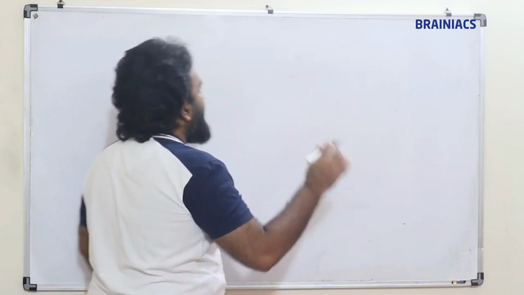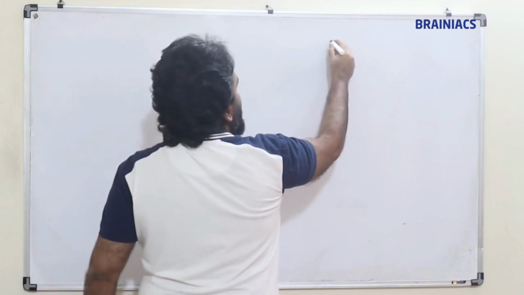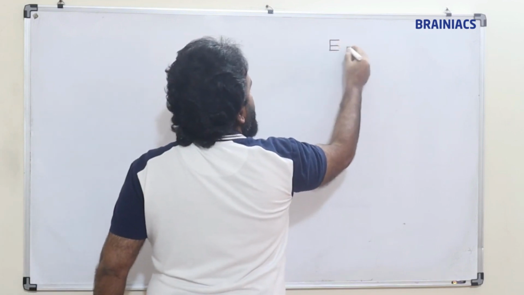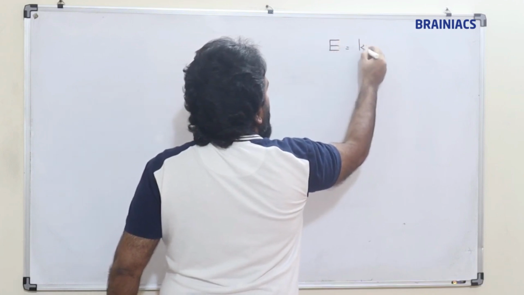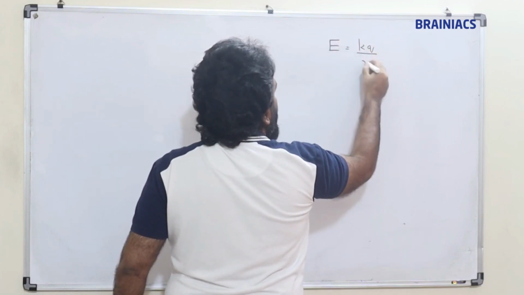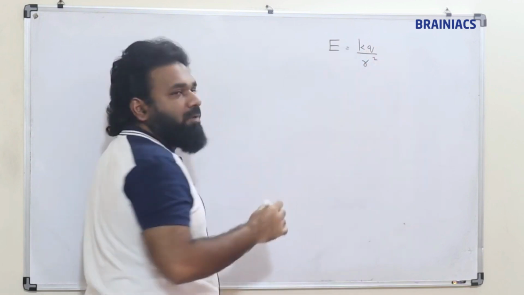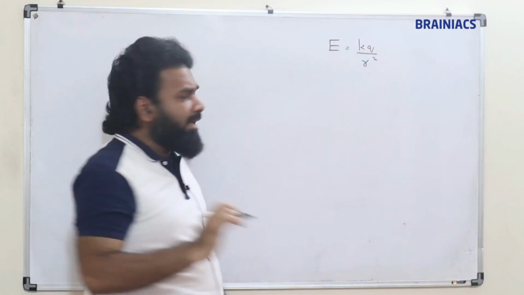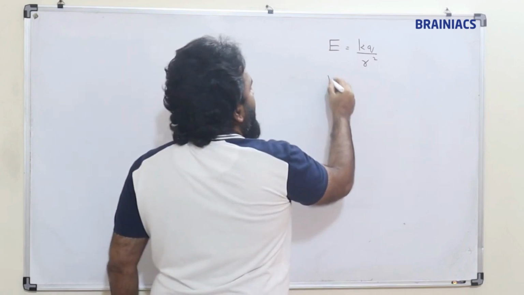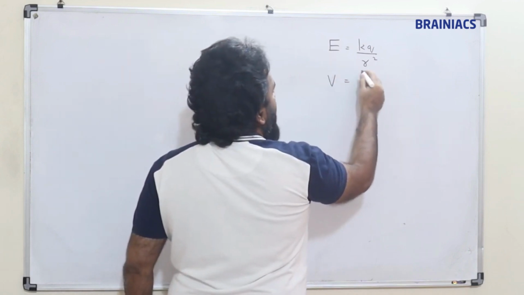So the general formula is what? E is equal to KQ divided by R square. This is the formula for electric field generally. If it comes to potential, what change will happen here?